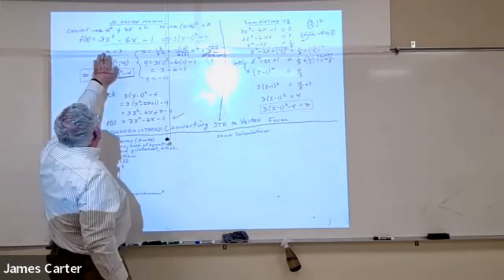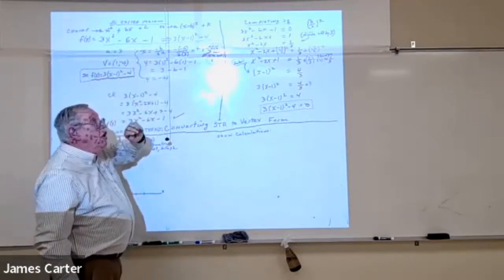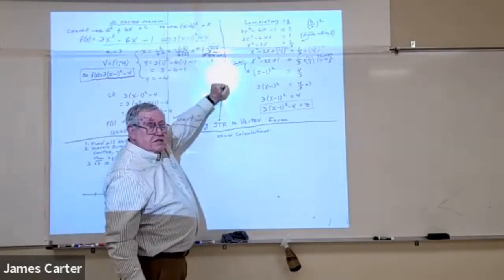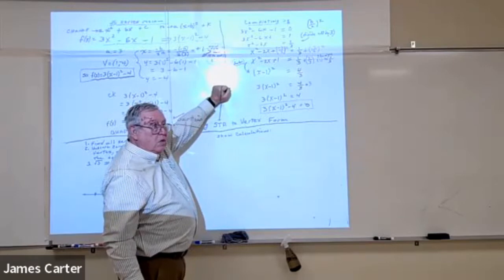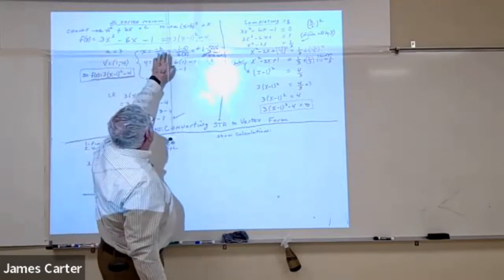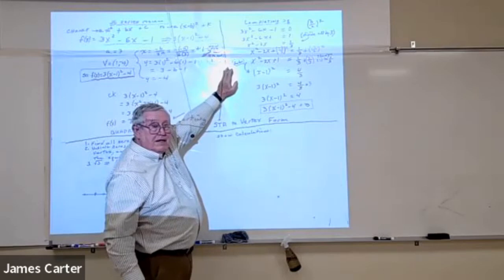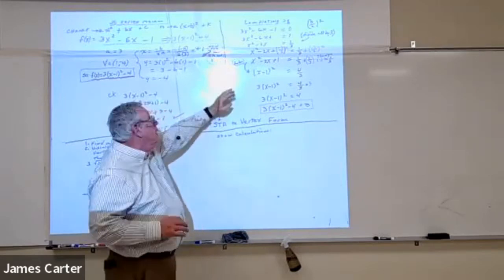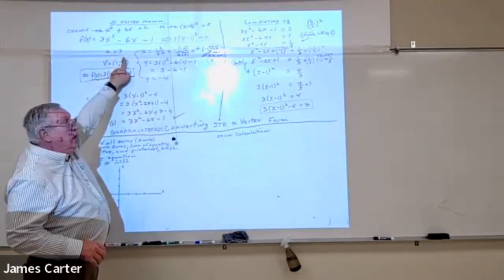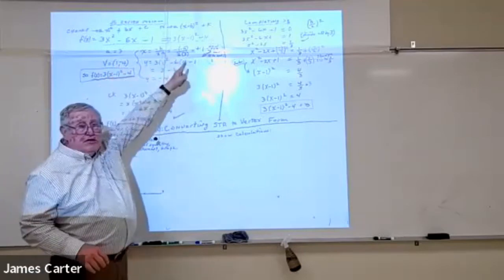I'm starting with this equation, 3x squared minus 6x minus 1. Ultimately, we will find out that it becomes this. Now, one thing you need to notice right away, 3 in front of the x squared. The a stays the same, which I have written right here, a equals 3. Now, we can find the vertex out of either format.